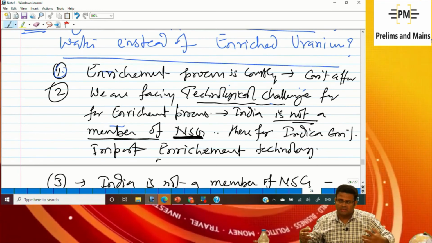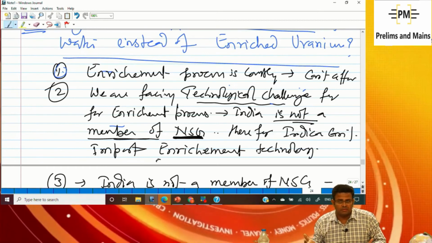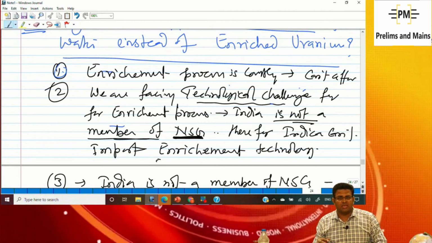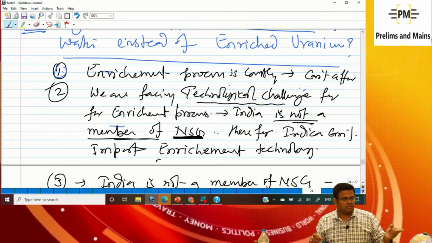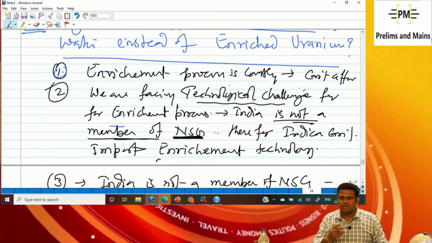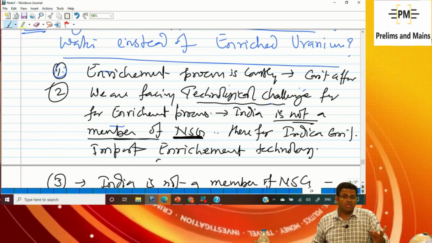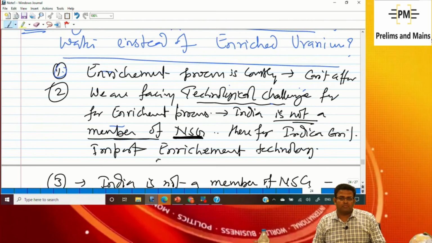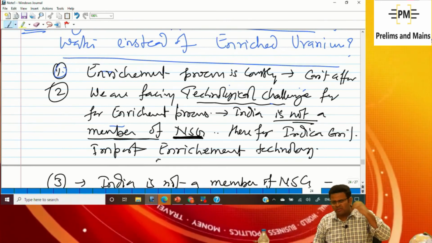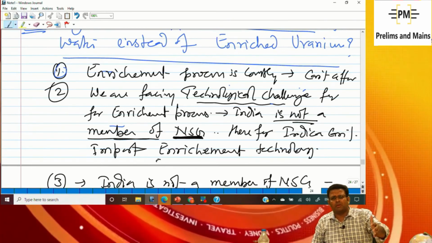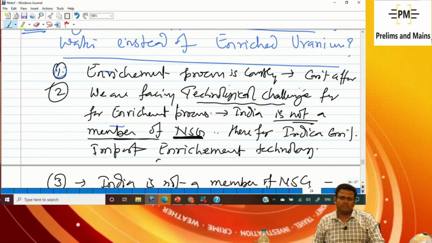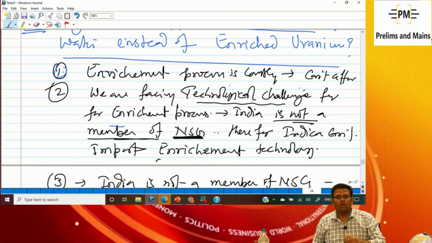Even if the USA wants to give it, India is not a member of the Nuclear Suppliers Group, and it has been decided that a non-member cannot take this enrichment technology. So India cannot import it. Even if I say I am paying this much money, they will not give the enrichment process technology, because it is the rule of the NSG.